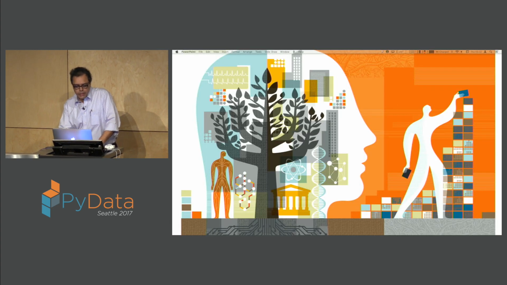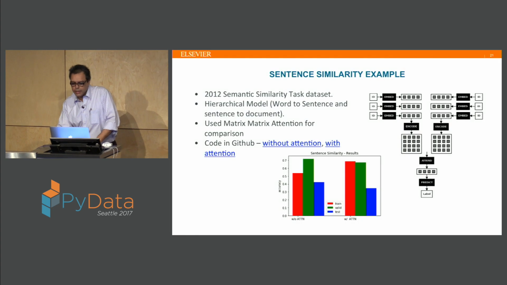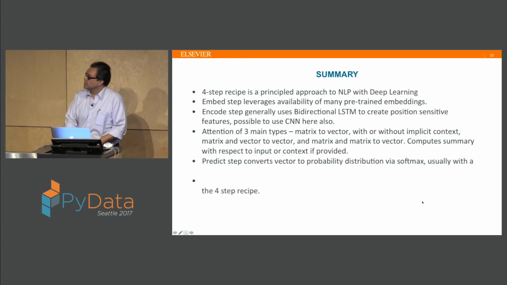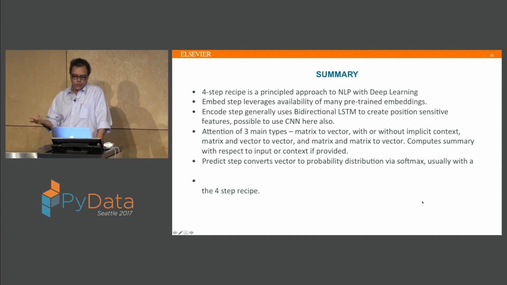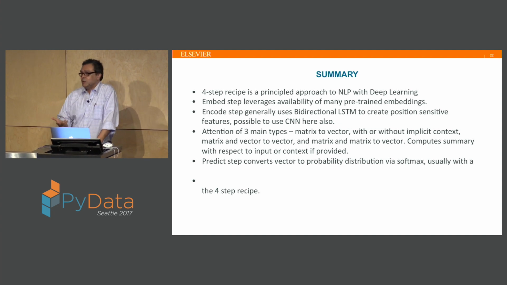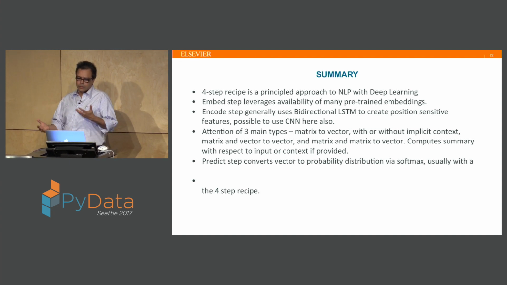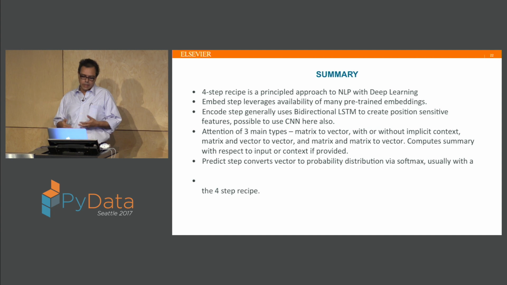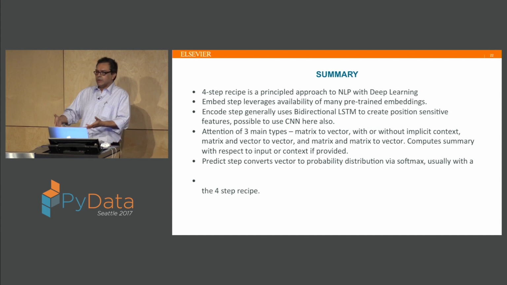So I'm reaching the end now, and I'm going to summarize what we talked about. Essentially, this is a 4-step recipe. What I liked about it is that it's a kind of principle. It's a way to Lego-blockize the whole process, a higher level of abstraction.